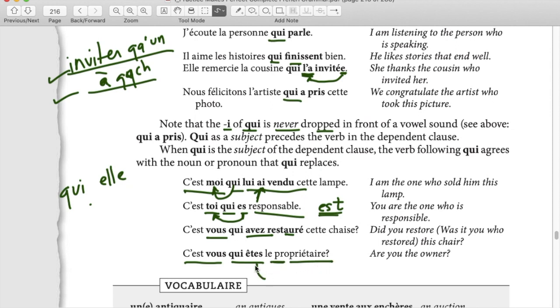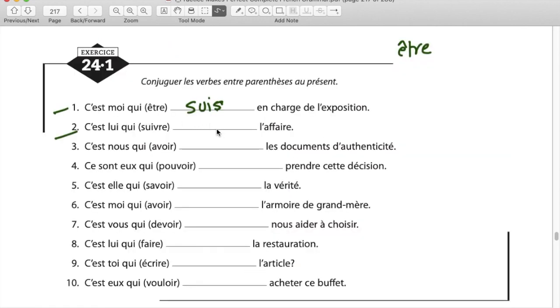Why are we using the verb conjugation of être here? Because we're talking about vous, vous êtes. Qui is the subject, but it is actually referring to vous. That's why it is matching that conjugation. C'est moi qui suis en charge de l'exposition. C'est nous qui avons les documents. It's us who have the documents.